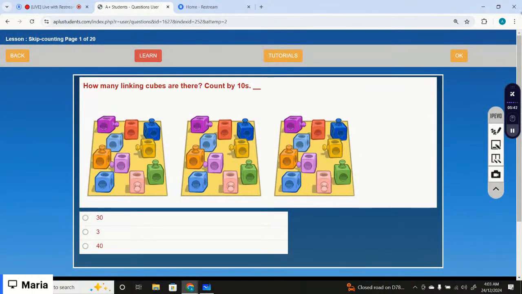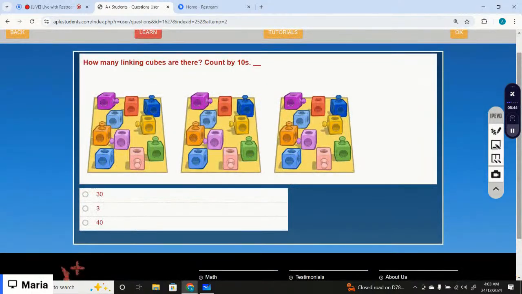How many linking cubes are there? You need to count them by tens. So which is the correct option?